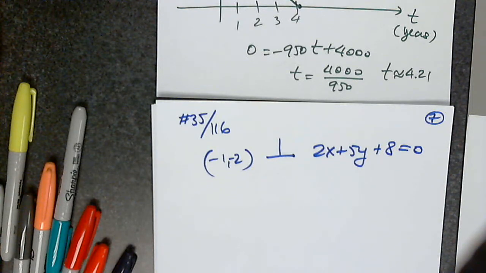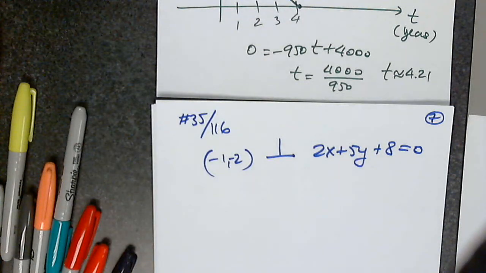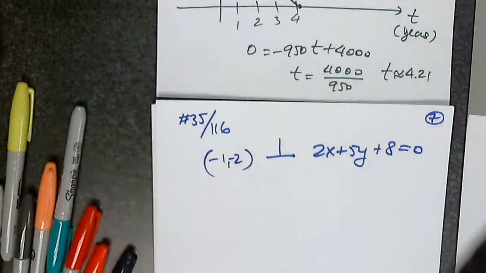So this line passes through this point and is perpendicular. That's the symbol for perpendicular. I was lazy. Sorry about that. To this line. So here's the idea.